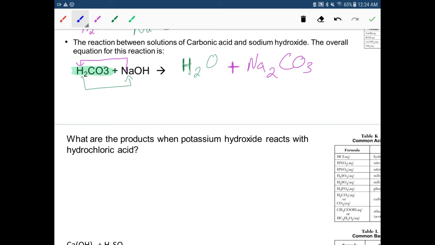You're going to start with all the atoms other than hydrogen and oxygen. So here you will see Na, there are 2 of them in the product side, but if you look at the reactant side, there's only 1. So to balance it, you're going to write a coefficient of 2 in front of the Na. So now you have 2 Nas, 2 Nas.